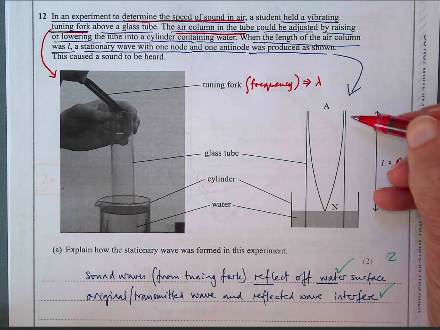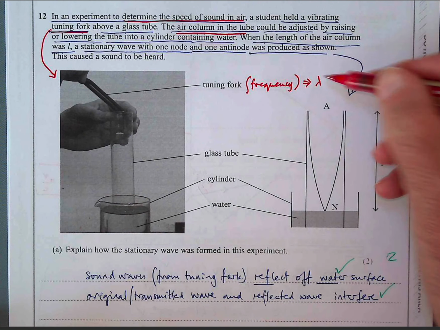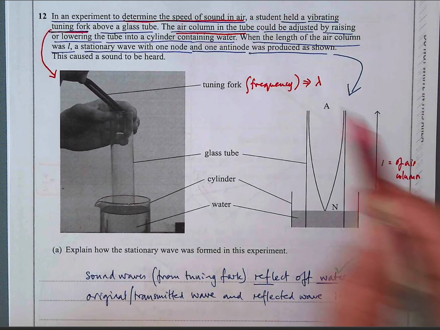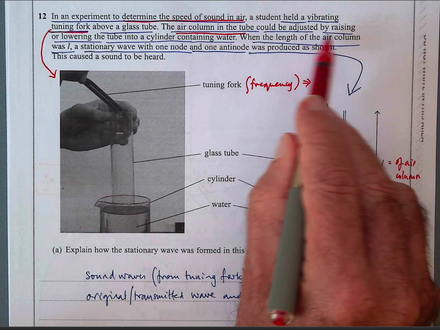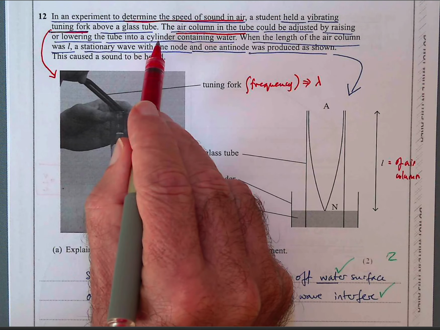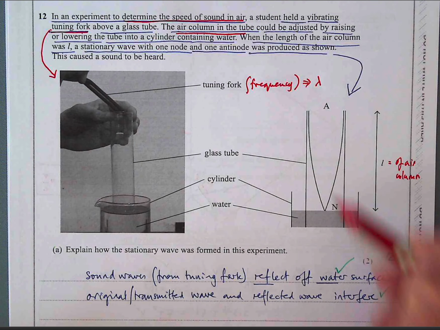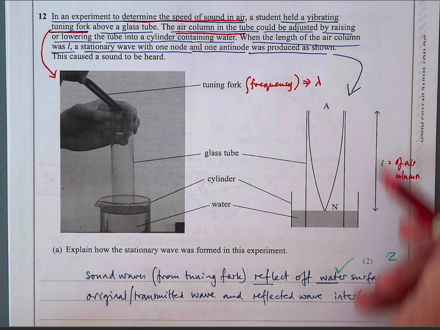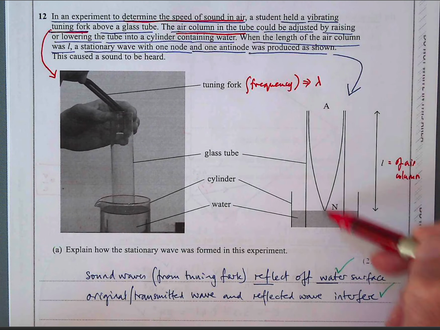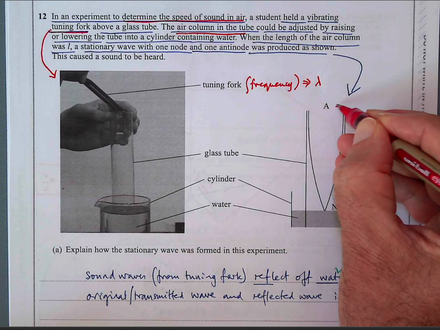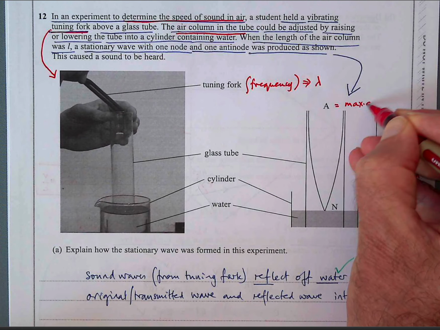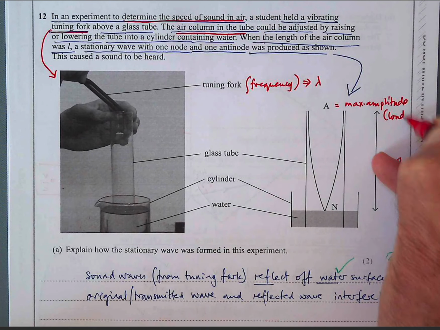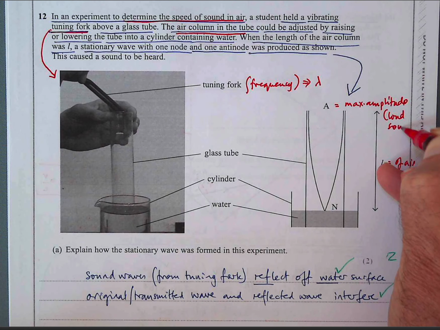So it's going to produce a loud sound when the length matches one of the fundamental frequencies of the tuning fork. So you can raise it and lower it into the tube of water. The water is what it's bouncing off. When the length of air column was L, they've adjusted it to create the situation where it's producing an antinode. Antinode means maximum amplitude. Therefore, it's going to make the loudest sound.